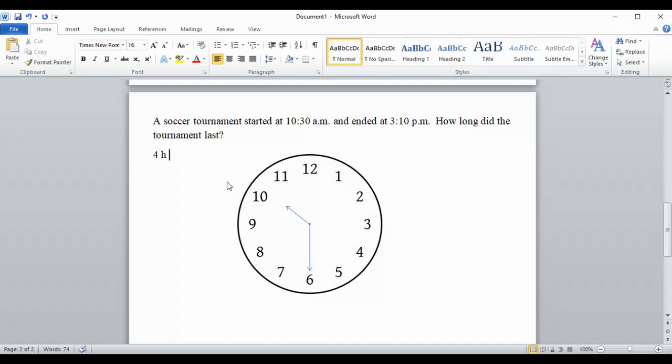So that will give us 40 minutes. We have 4 hours from 10:30 to 2:30. And then we have 40 minutes from 2:30 to 3:10. So that's how I came up with 4 hours and 40 minutes.